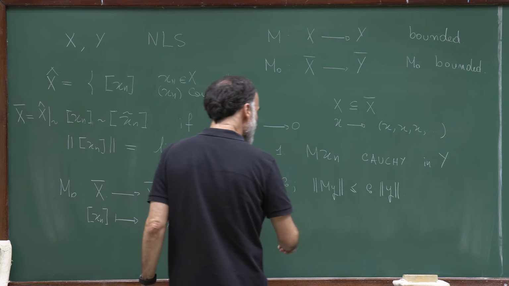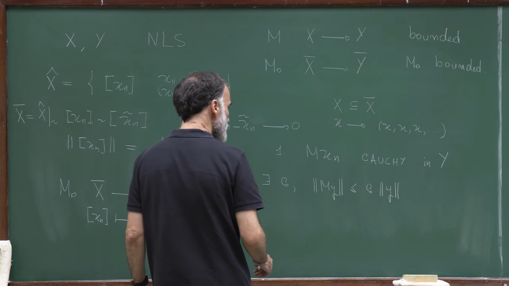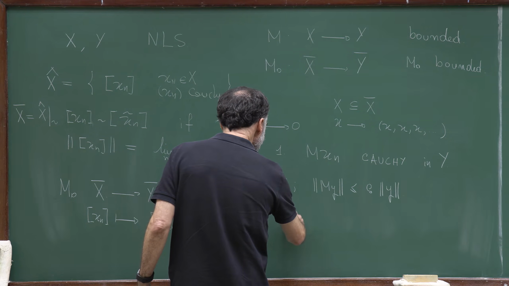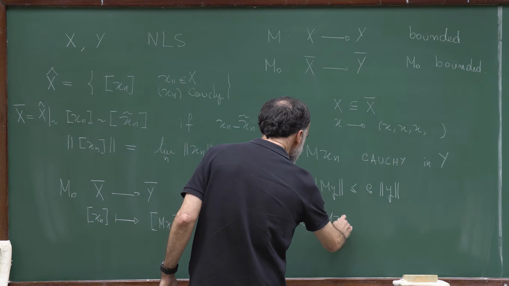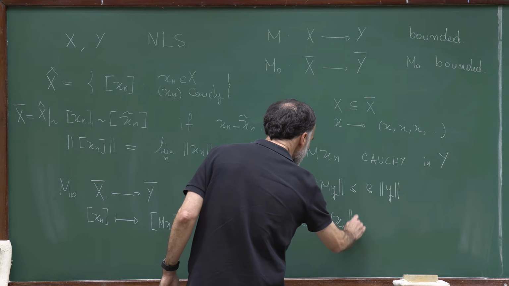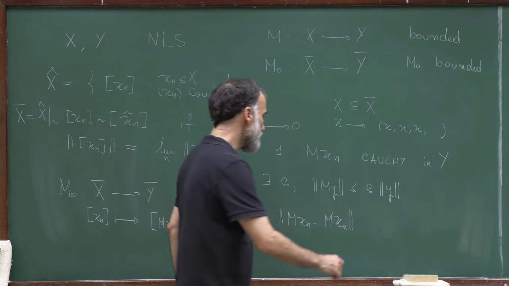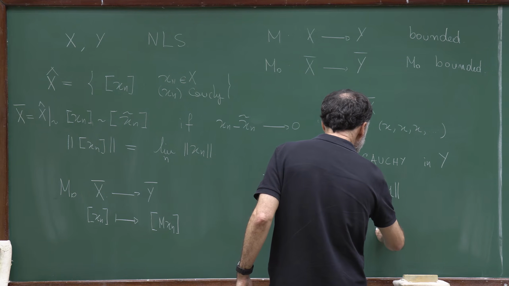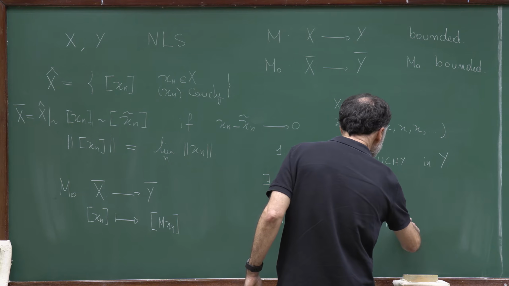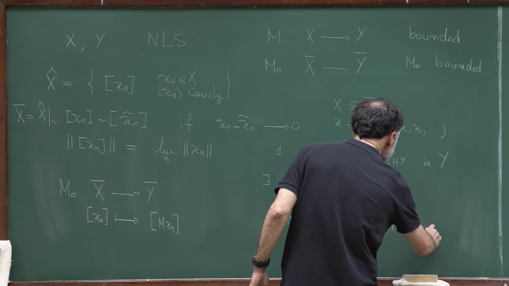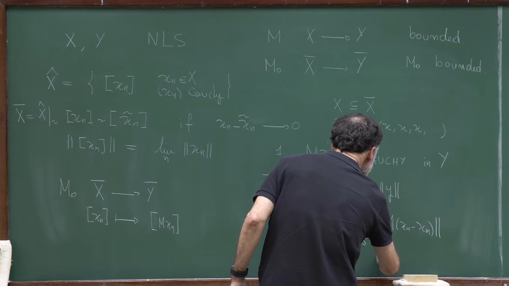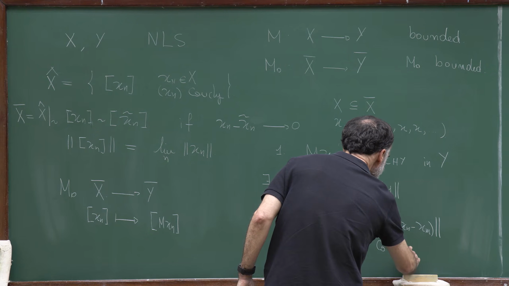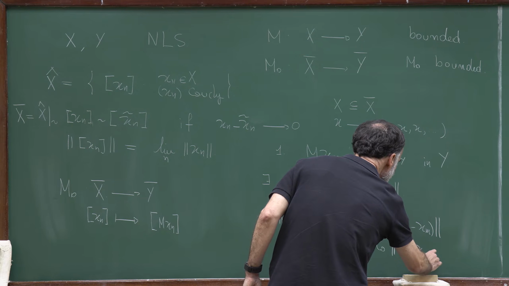So to show that this is a Cauchy sequence, I just have to write that if you take two elements, you consider their difference, by linearity, this is equal to M of x_n minus x_m, and that this is bounded by the constant c0 times the norm of x_n minus x_m.